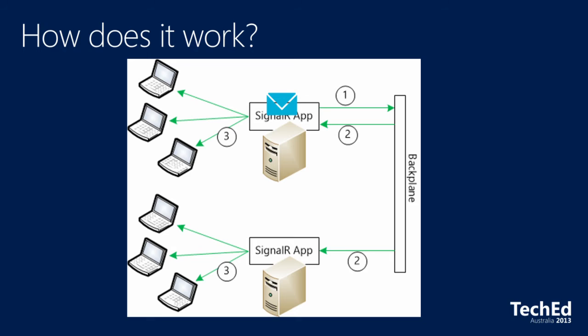So the backplane becomes the source of truth. When an event is raised, that message is sent straight to the backplane. That's the first thing it does. Then from the backplane, the message is sent back to all the servers for them to decide what to do with it. And then for all the clients where it makes sense, that message is sent out to the clients. Does that make sense? Excellent.